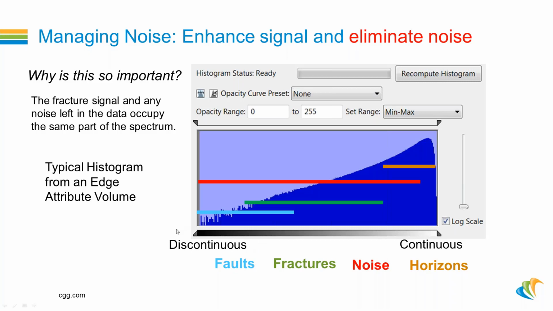The discontinuities represent the left part of the histogram, and the continuous elements are the right-hand side. But you can see that all over the fault fractures, we have noise. And this is the noise that we have to remove.